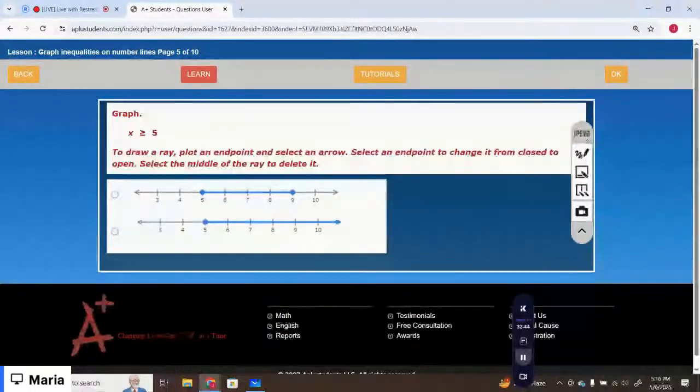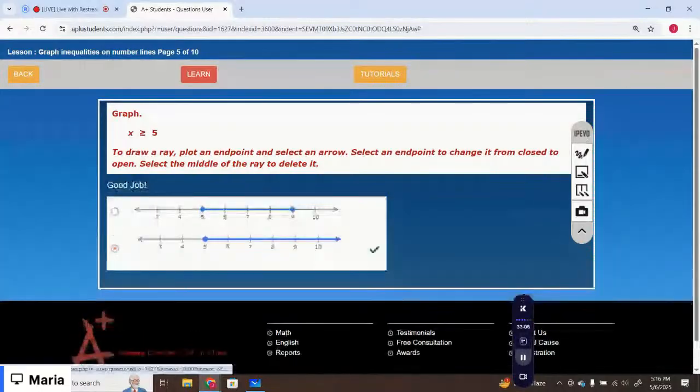Option number 2 is the correct option, because 5 is a solution and all the numbers that are greater than 5 are solutions to the inequality. So option number 2 is the correct option.